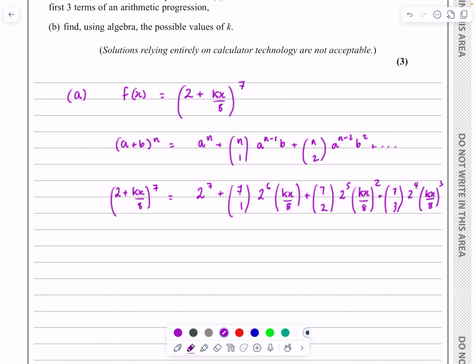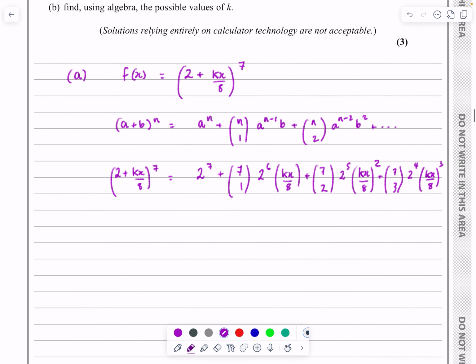Now whenever I do one of these, what I do is a quick check before I go any further, because I'll just chuck everything into the calculator in a minute. So let's just look at our terms here. Look at the 2s. 2 to the 7, 2 to the 6, 2 to the 5, 2 to the 4. Happy with those. Let's look at the nCr bit, the 7C0, 7C1, 7C2, 7C3.